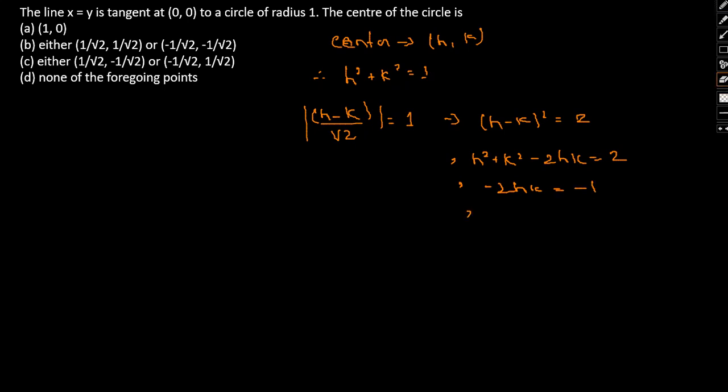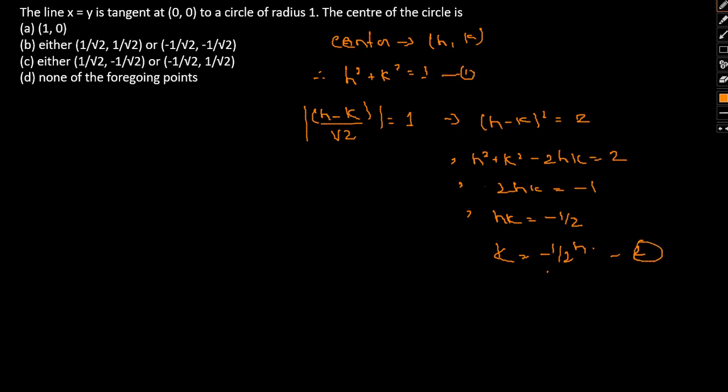Sorry, 2hk will be equal to minus 1, so hk is minus 1 by 2 and k can be written as minus 1 by 2h. Now putting this value in the equation, say this is 1 and this is 2.